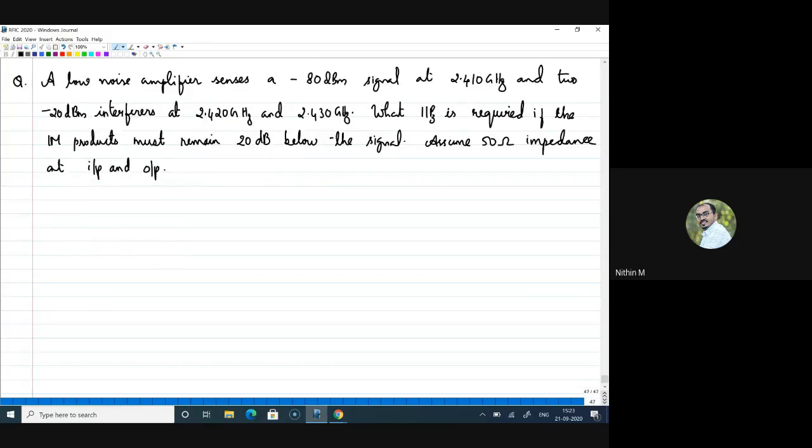The question is to find the IIP3 so that the IM products remain 20 dB below the signal, which is the requirement for this example. Can you try this?